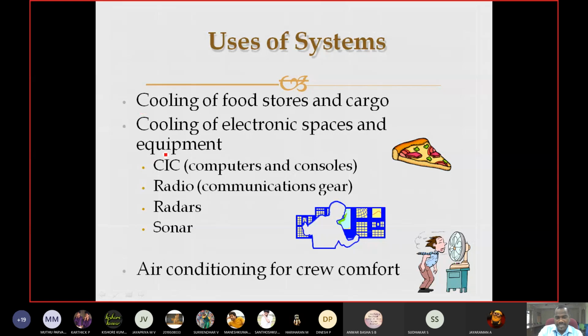Another use is air conditioning for crew comfort. So we have both refrigeration and air conditioning. Before using these two, we have to know the principles and thermodynamics involved in these two systems.